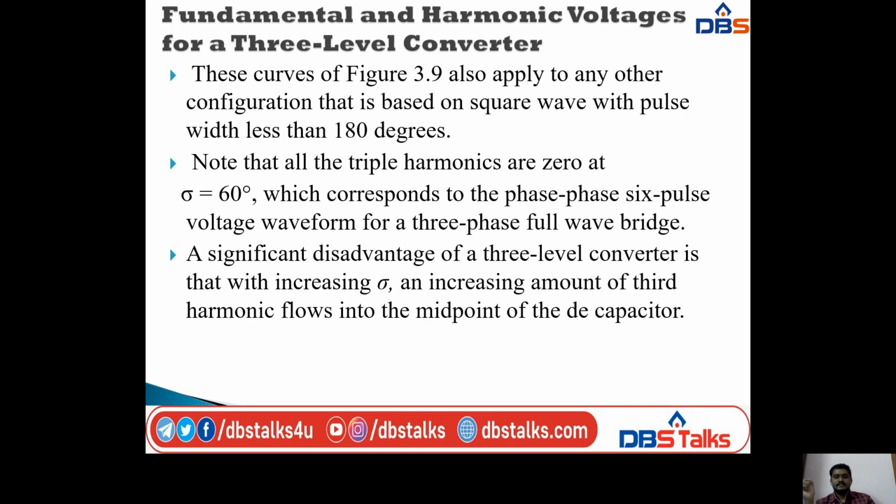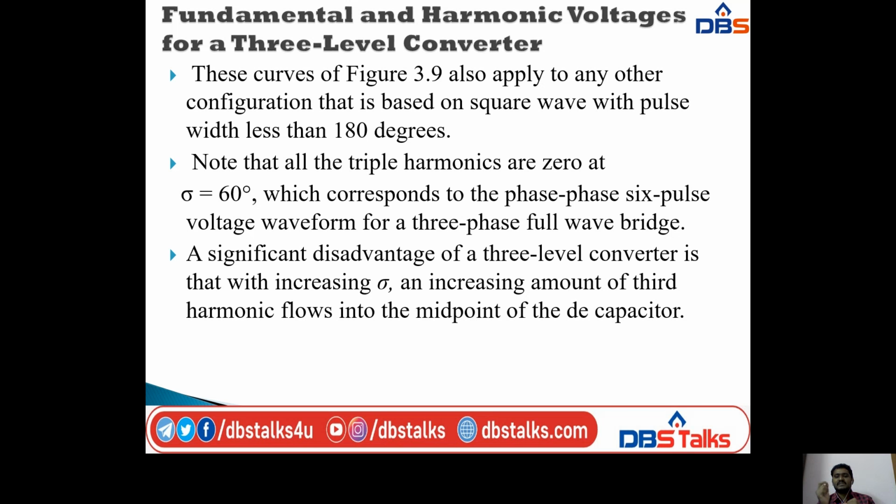Next, these curves of figure 3.9 also apply to any other configuration that is based on the square wave with pulse width less than 180 degrees. Note that all the triplen harmonics are 0 at sigma equal to 60 degrees, which corresponds to the phase-to-phase 6 pulse voltage waveform for a 3-phase full wave bridge.